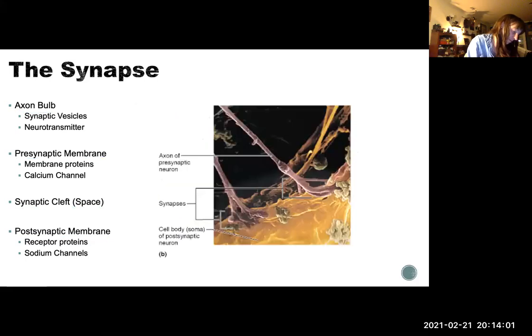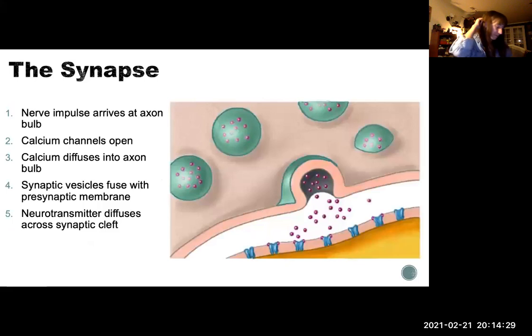Okay. Here's an actual picture of actual synapses talking to an actual cell body of a postsynaptic neuron. So this is a synapse, this is a synapse, this is a synapse. You see multiple synapses there, okay? Same words, different picture. Okay.